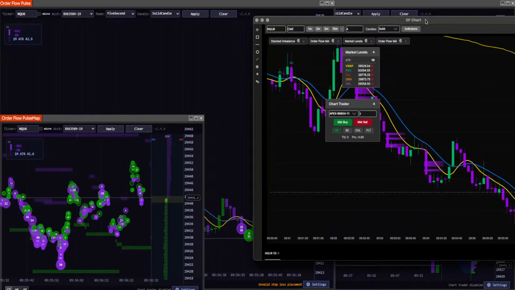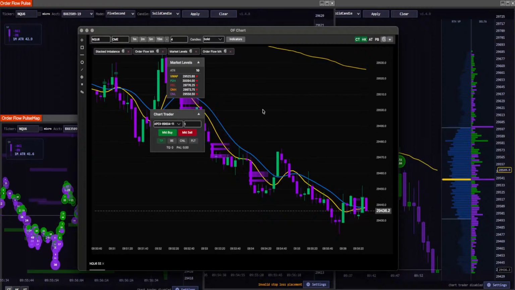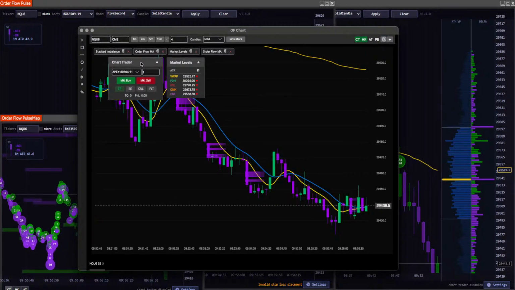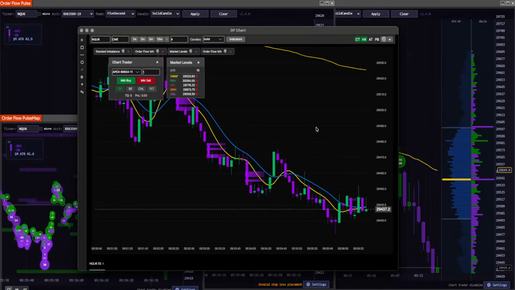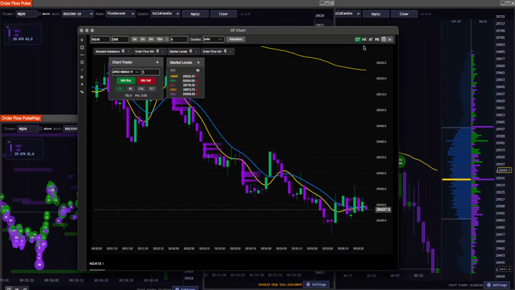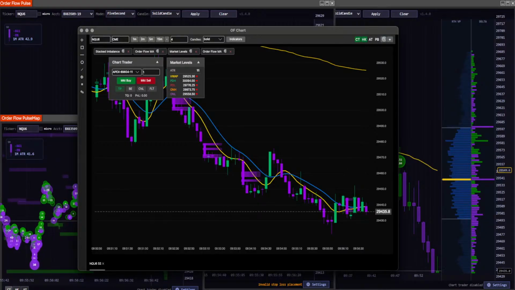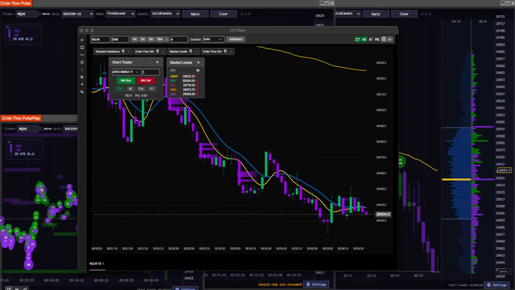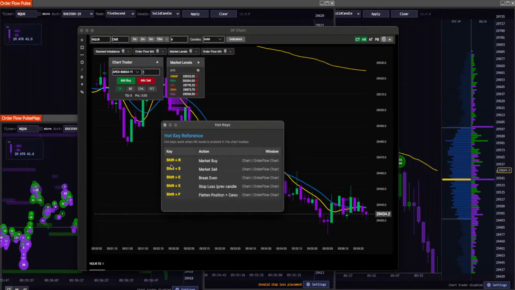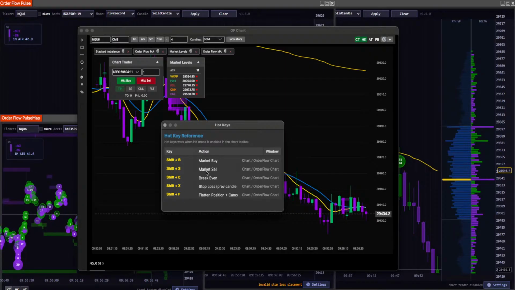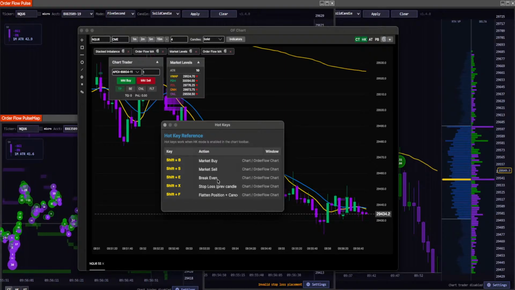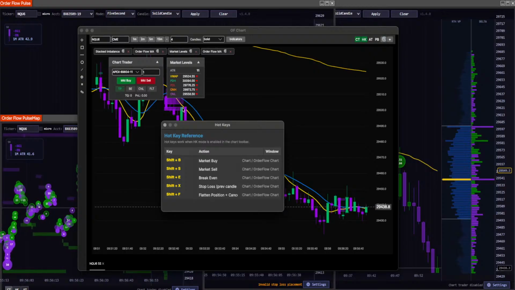As you can see on my custom platform, hopefully we can get it released out to you guys. I have hotkeys right here. Here's all the hotkeys I have: Shift B, S, E, X: market buy, market sell, break even, stop loss at the previous low candle, and flat.